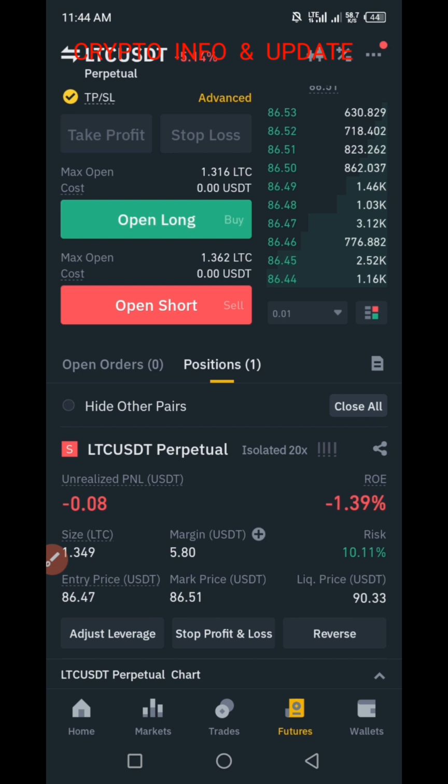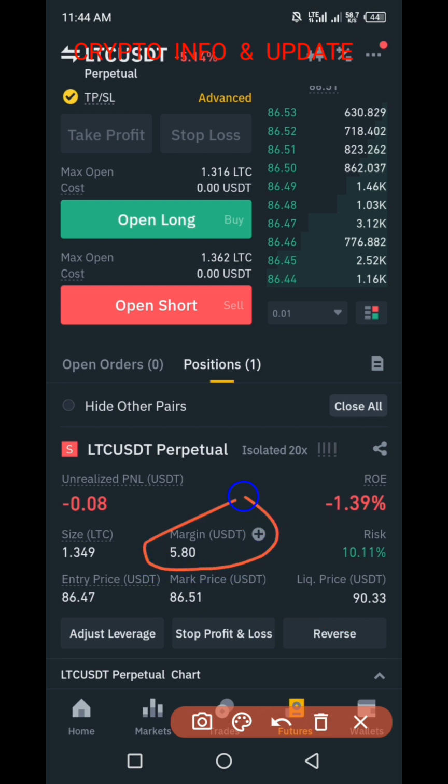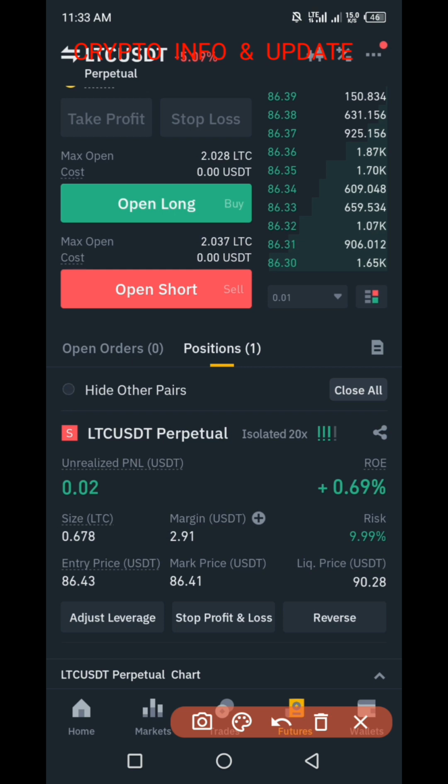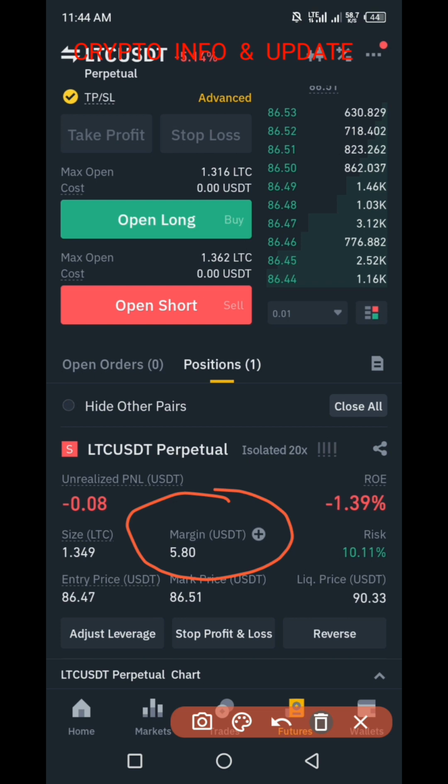All right, let's make progress. The next thing you will observe is that your margin has changed. Initially, your margin was 2.91, and this 2.91 was the amount of capital that I used to open the first entry. It increased to 5.80 upon the successful filling of the second entry price.